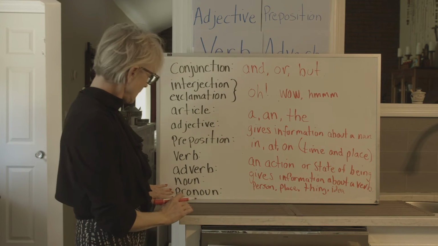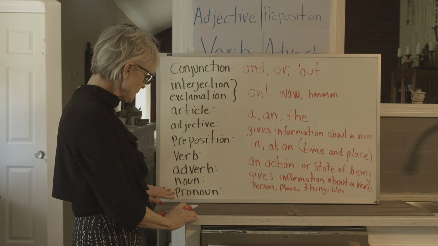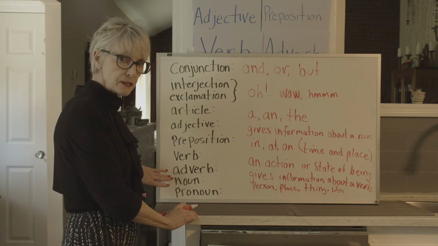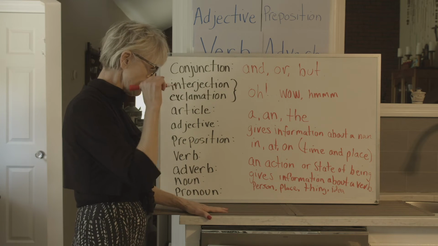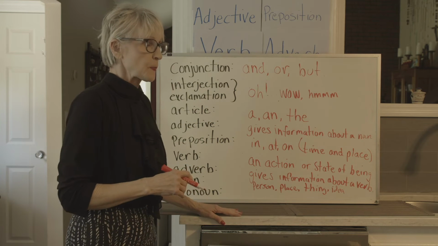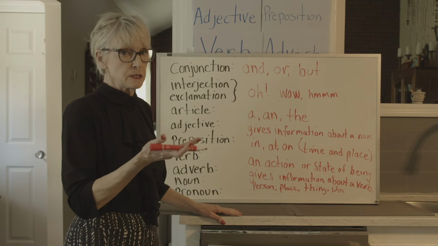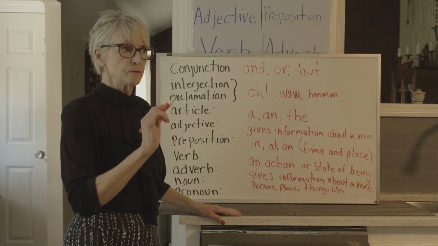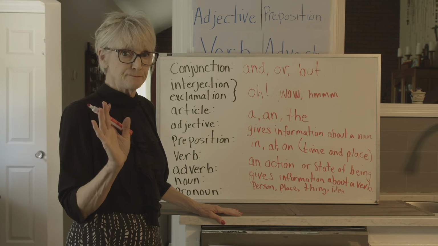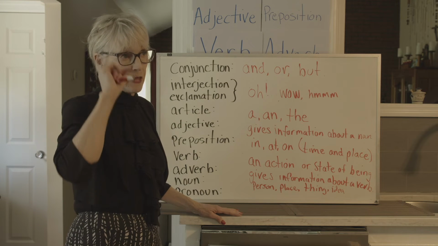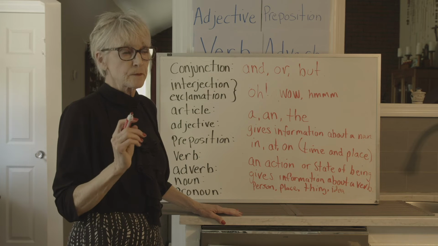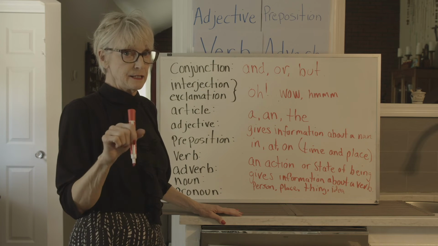Now, a pronoun can be used in place of a noun. For example, if I say my husband Glenn, that's his name, is a nice man. But I can say he is a nice man.